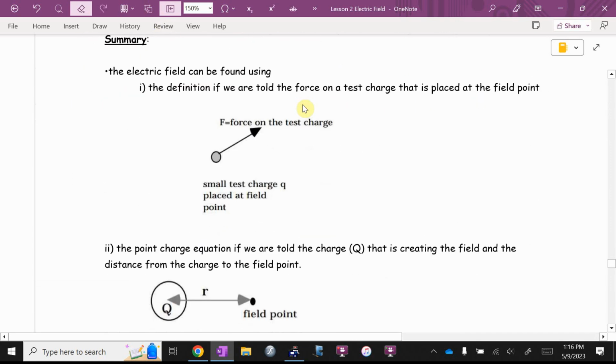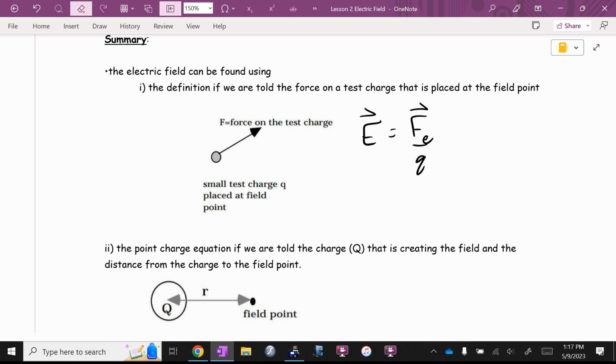So to summarize, we can find the electric field by using the definition if we're told the force in newtons, Hannah, and if we're told the magnitude of the charge. Electric field is the force per coulomb. When do I use that?